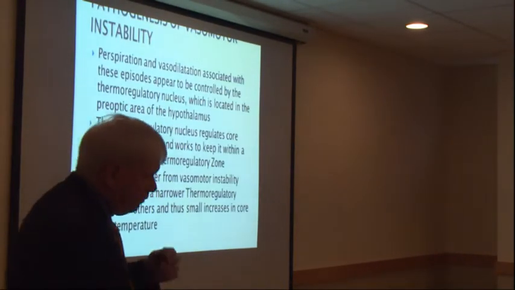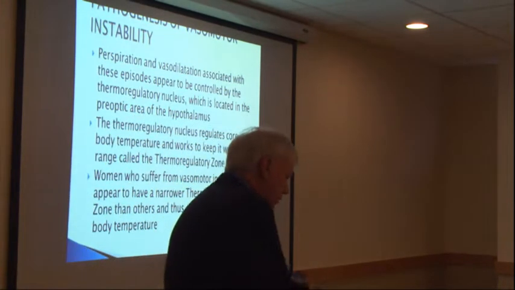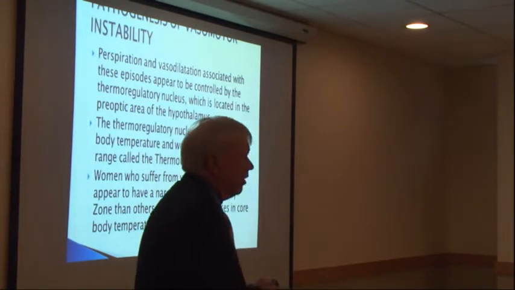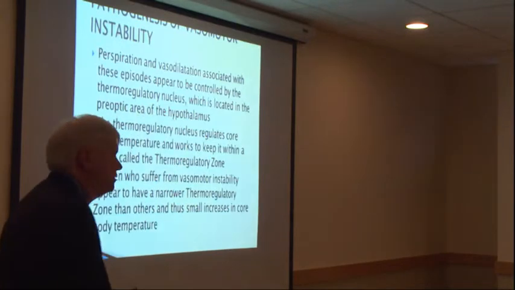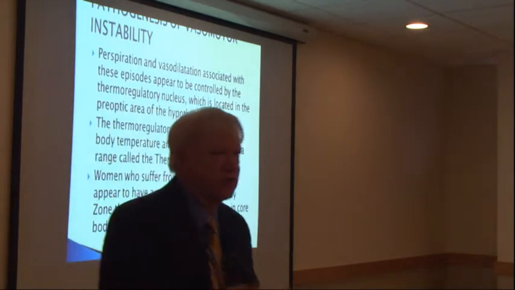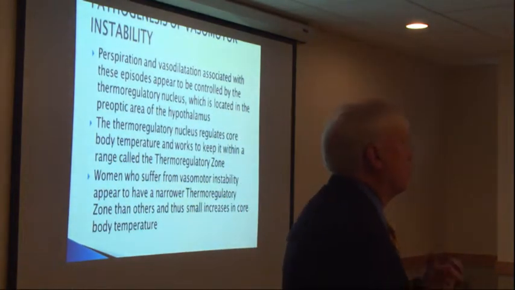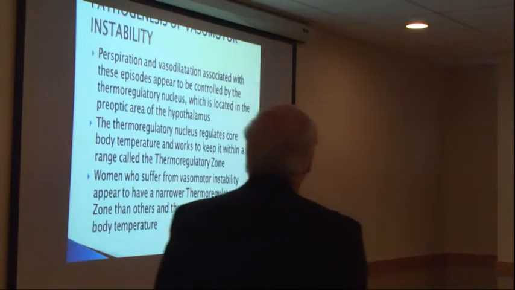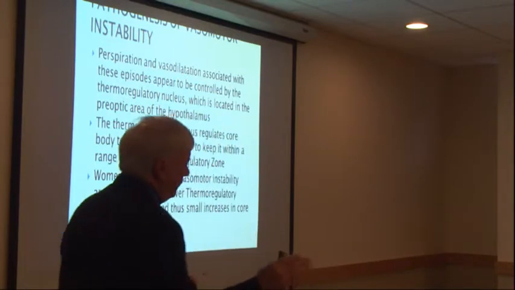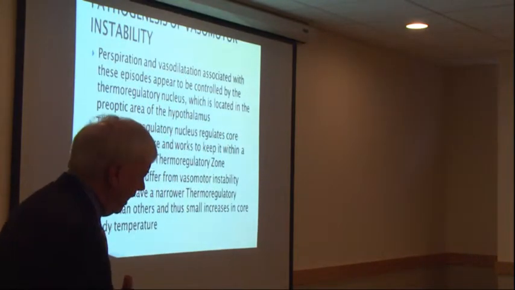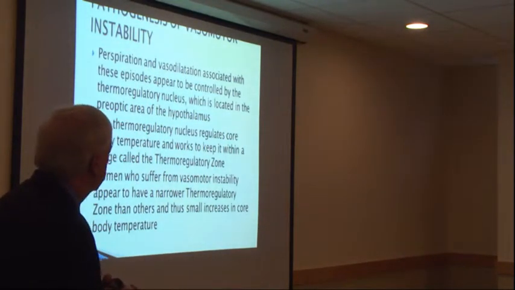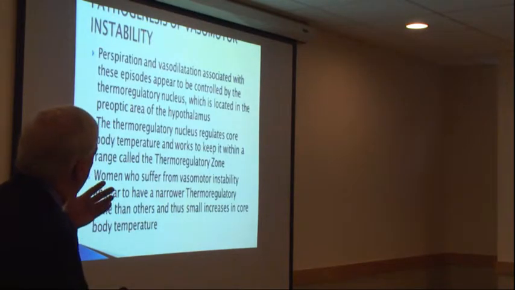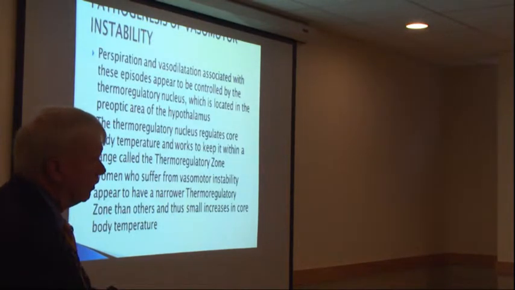In 1991, Robert R. Freedman wrote a very classic article on the physiology of hot flashes. He's the first one to start to take a look at where hot flashes were originating from. Where were the hot flashes actually coming from? And it was his hypothesis, and this is a classic study that I would recommend for anyone interested in looking into this subject, to look at the thermoregulatory nucleus.